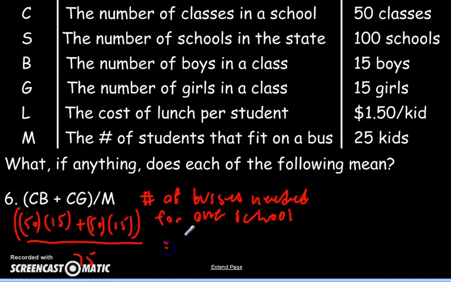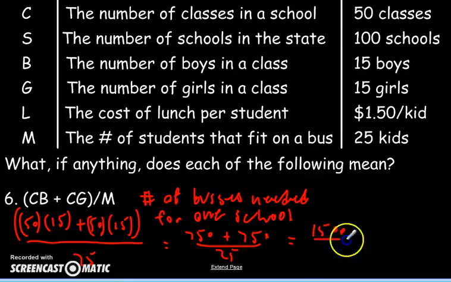So that's 750 plus 750. All of that's over 25. So that's the multiplication. Now the addition in the numerator, because again the numerator is a grouping symbol, we have to complete the numerator. That's 1500 over 25.